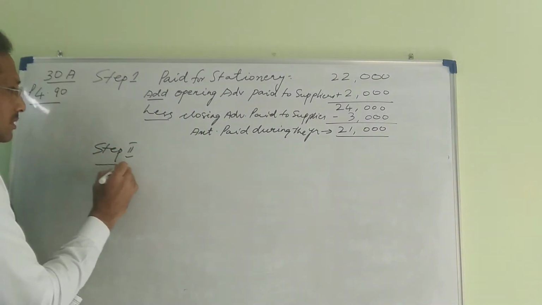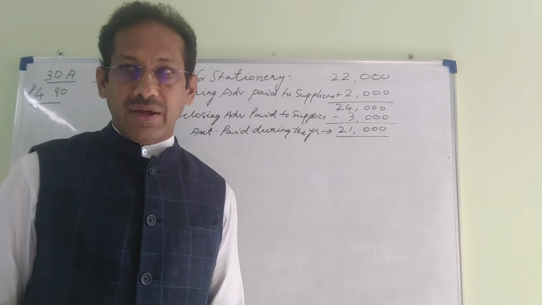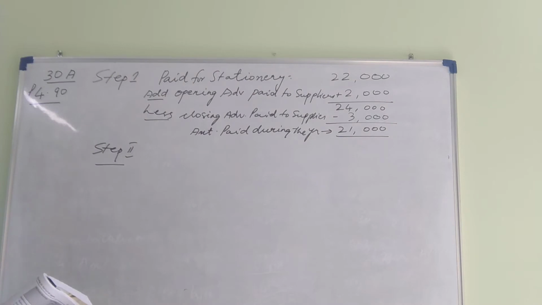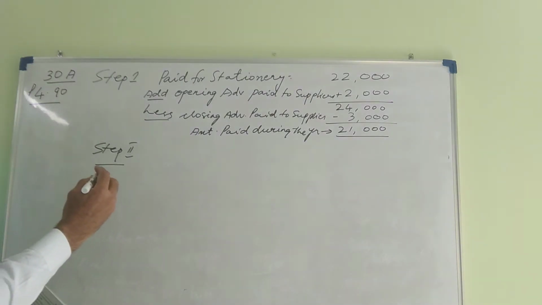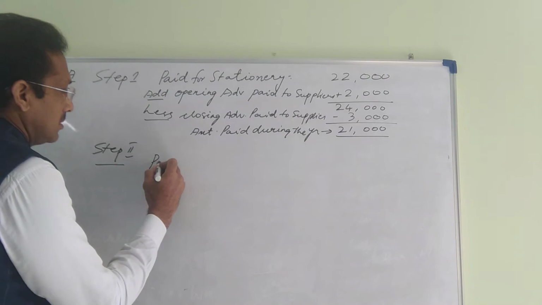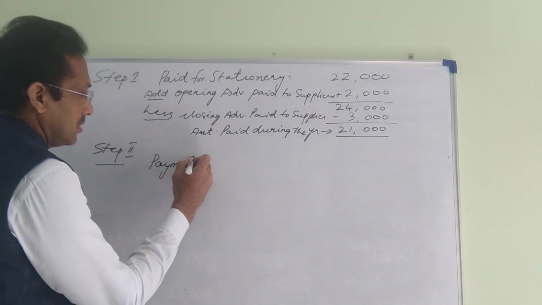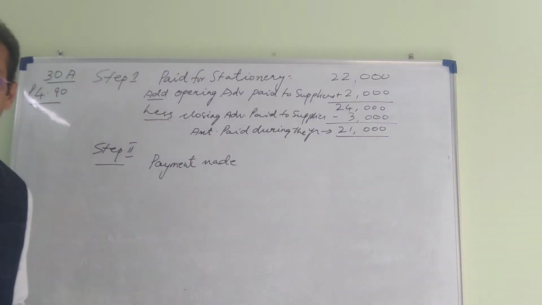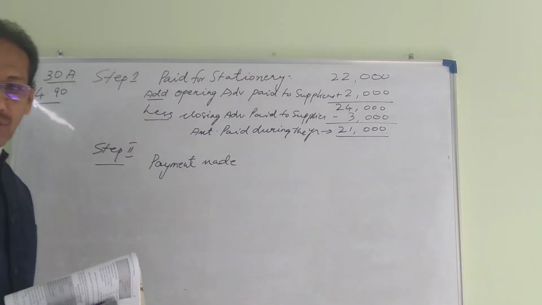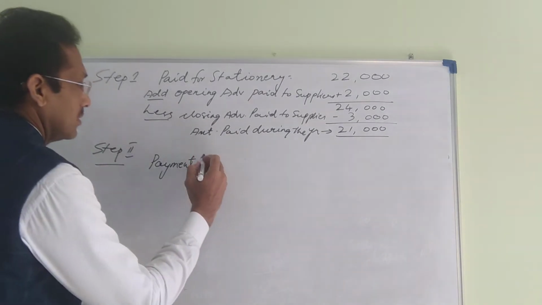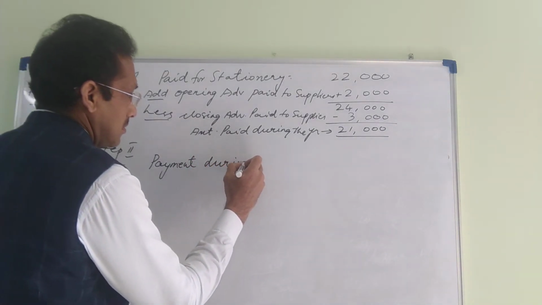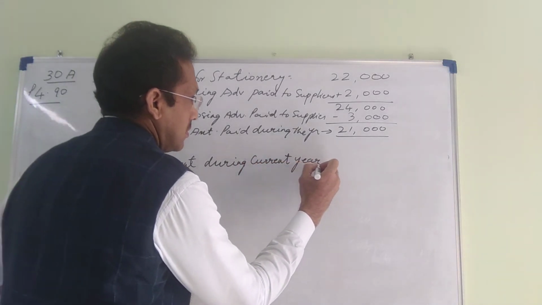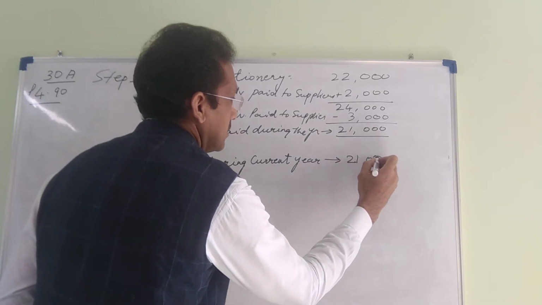Step 2. Now the opening and the closing creditors we will adjust. So we will start with the payment made during the current year, 21,000, this one.